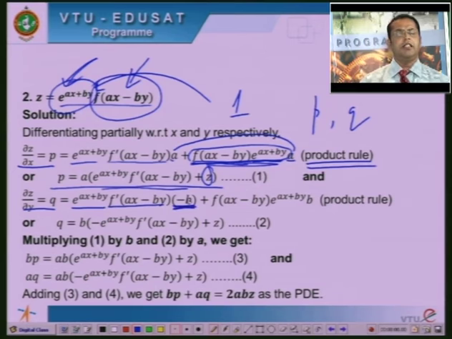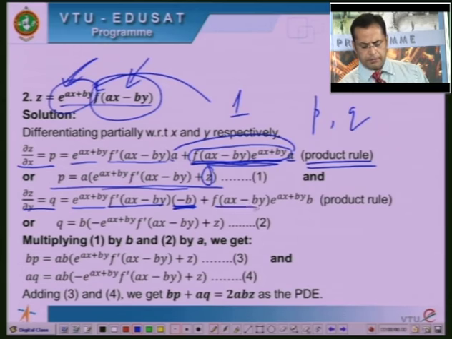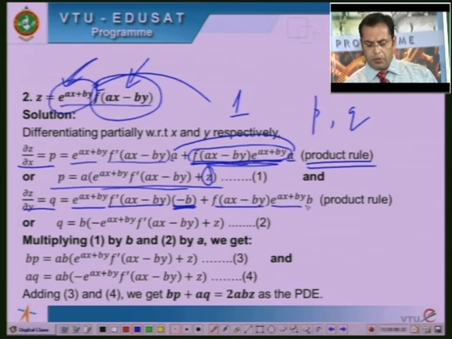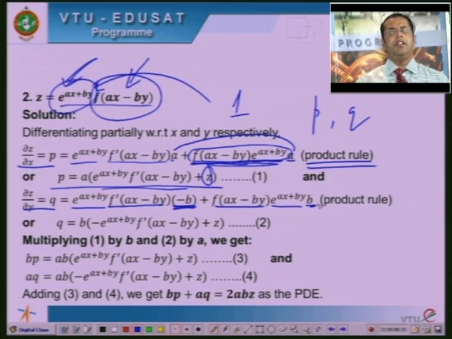Notice the negative sign, the coefficient of y is negative. Plus second function f of ax minus by into differentiation of e power ax plus by, which is e power ax plus by itself into the derivative of ax plus by with respect to y, which is b, this constant.